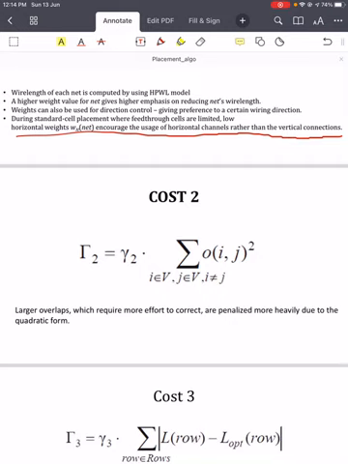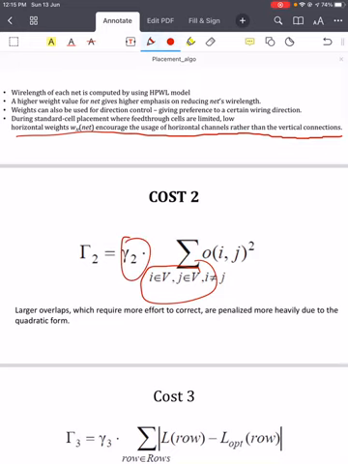So this gamma 2 is defined as the sum of the squares of all cell overlaps between cells i and j, where i and j are part of the set of cells being considered for the placement. And this gamma 2 is again the priority weight of cost 2 in the total cost.